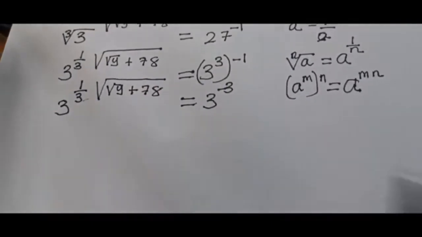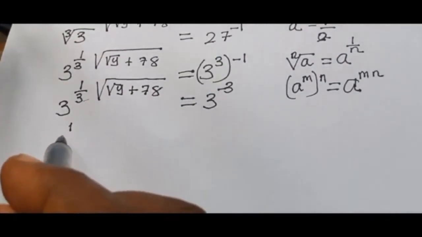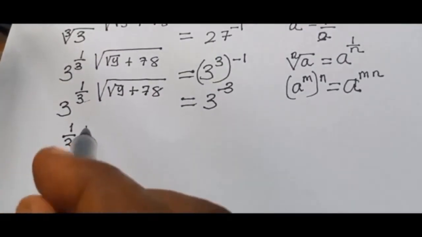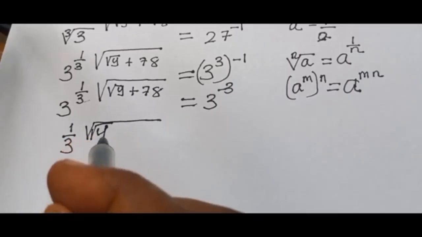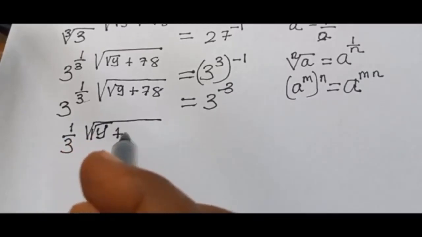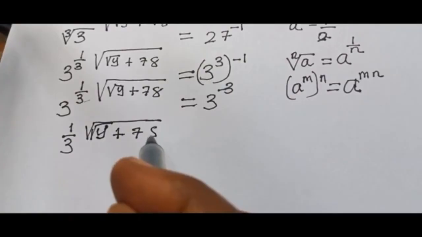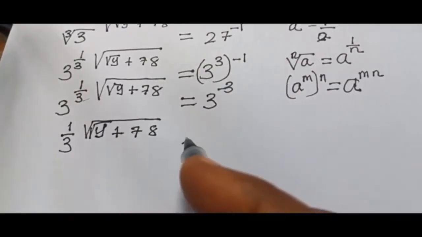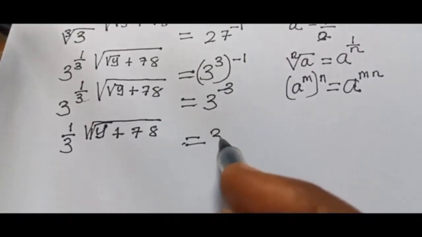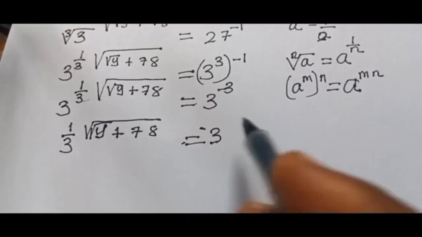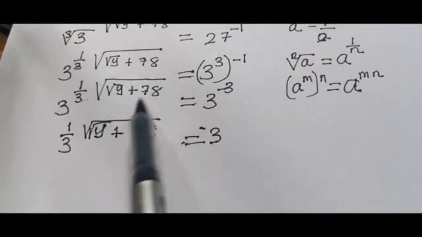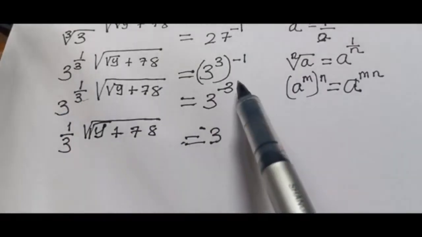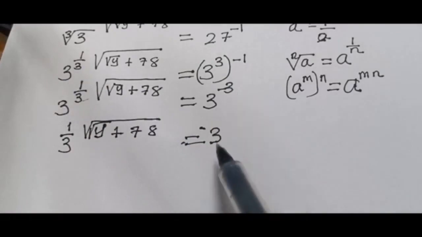So we have 1 over 3 under root radical y plus 78 equals to negative 3. We have taken this exponent and then we equate with this exponent, which is negative 3.